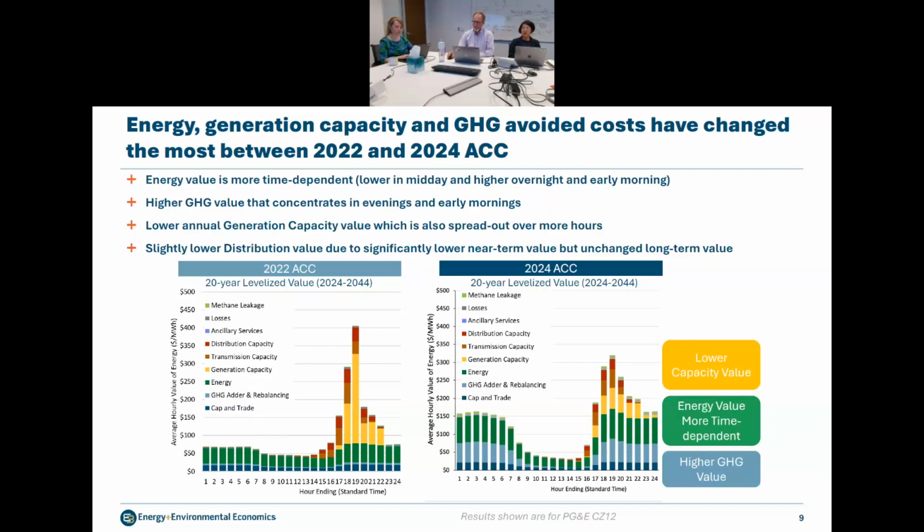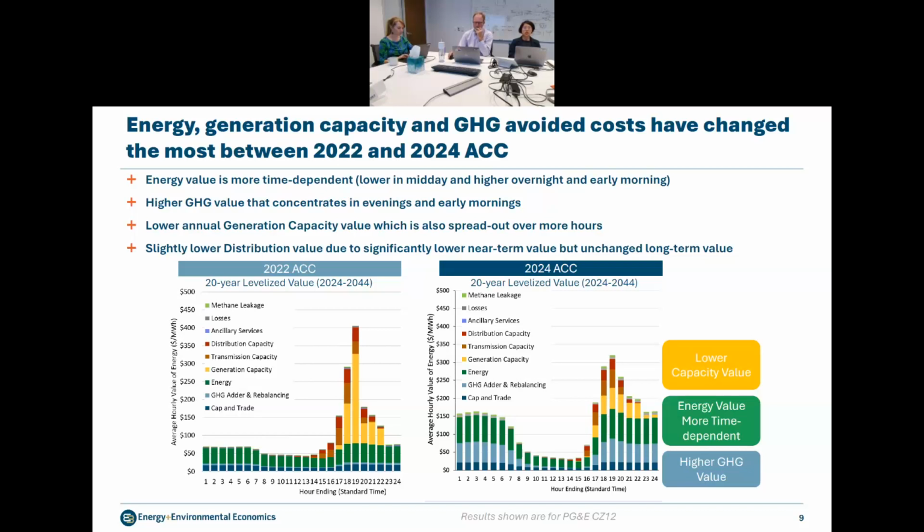The first is the energy avoided cost, or energy value. It becomes more time dependent in the 2024 ACC. What that means is that we see that the energy avoided costs are lower in the middle of the day and then higher overnight and in early mornings. We also see higher GHG values in the 2024 ACC that are mostly concentrated in the evenings and early mornings.